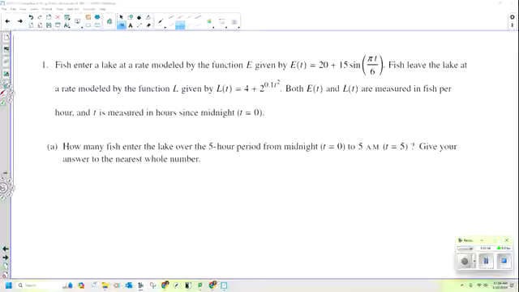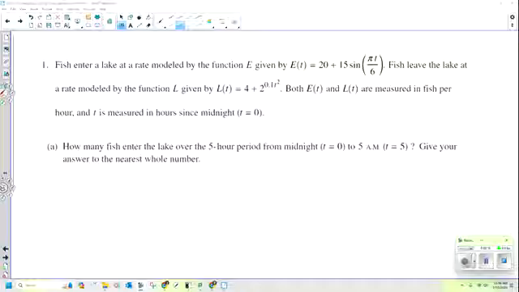Both E of t and L of t are measured in fish per hour, and t is measured in hours since midnight. Midnight would represent t equals 0. The first statement, 1A, reads, how many fish entered the lake over the 5-hour period from midnight to 5 a.m.? Give your answer to the nearest whole number.